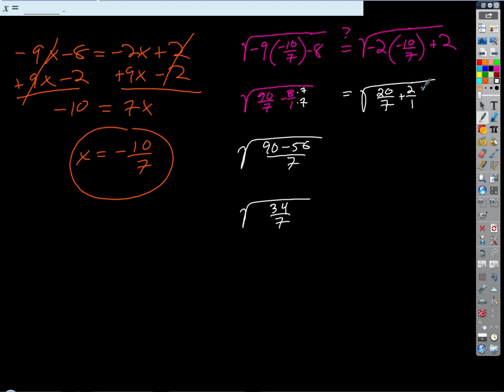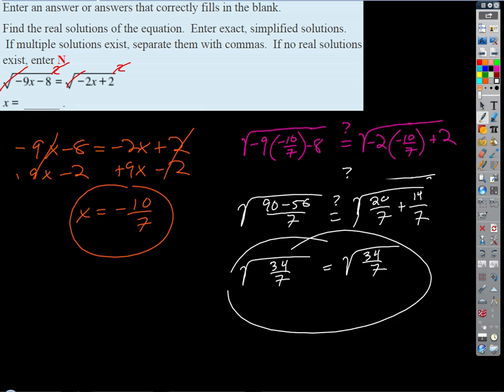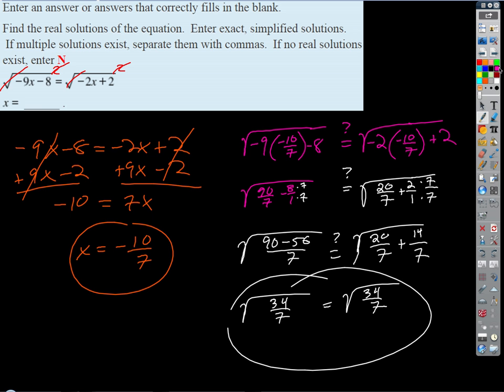Let's just multiply the 2 over 1 times 7 over 7, and that's going to give me the square root of 20 sevenths plus 14 sevenths, which we see is equal to the square root of 34 sevenths. And so these two are equal, and so my valid answer is negative 10 sevenths.